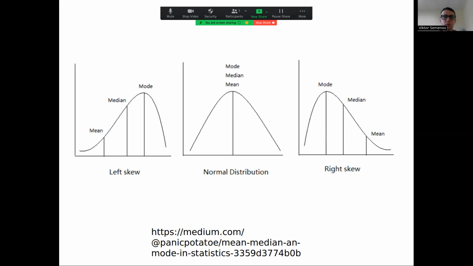So mean, mode, and median can be used more or less equally for the description of normally distributed data because they usually stand close to one another. But if the data is distributed non-normally or non-parametrically, in other words, if the data is skewed, you can see that the mean starts representing only a small part of the population.